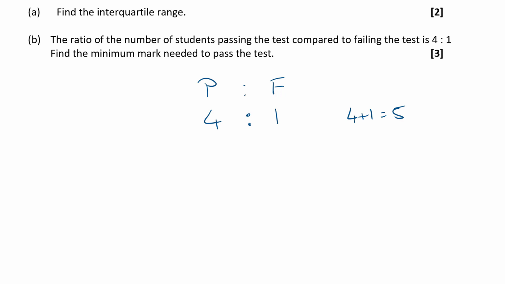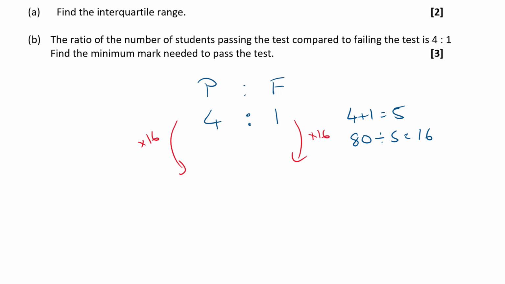So how much is each part worth? 80 divided by 5 then. 5s into 80 goes 16 times. That means I need to scale up my ratio by a factor of 16.